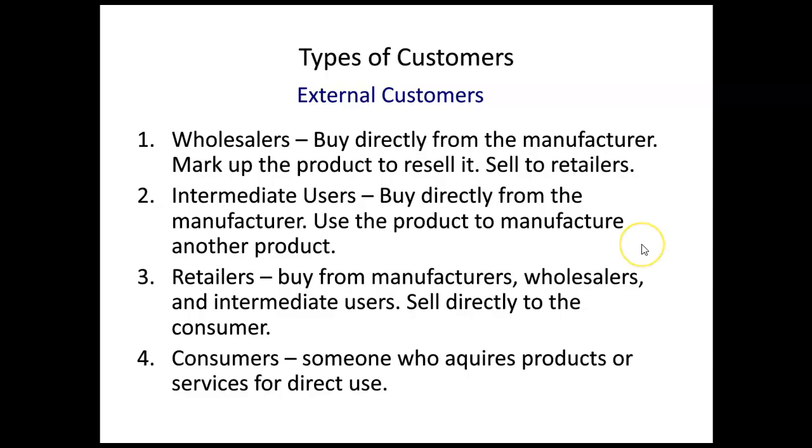You also have a retail market. Retailers generally buy from manufacturers or from wholesalers or intermediate users, and then they sell directly to the consumer. Now, in some of the objects and items that I make in my independent business, I sell direct to consumer, of course, but I also have a few retailers that will buy my product from me.